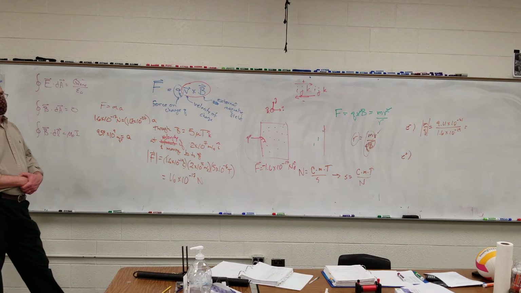They would say, find a vector that's orthogonal to V and B, so you have to take a cross product.